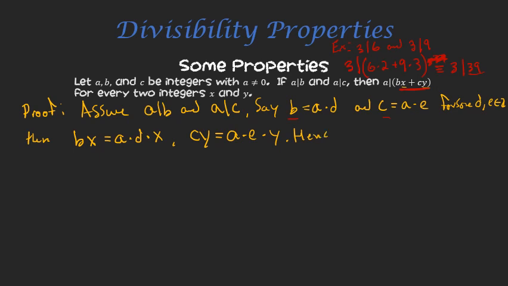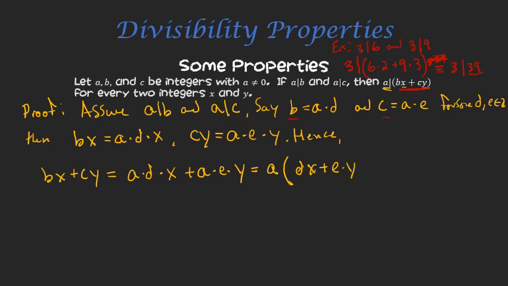Hence, what happens when I add them together? bx plus cy is what? a times d times x plus a times e times y. And the claim is that a divides this. Well, can I factor out an a or not? Well, certainly I can. Both terms have a factor of a times (dx plus ey).